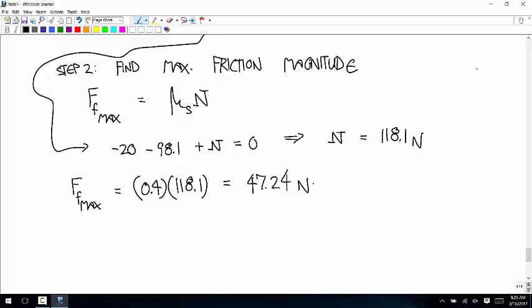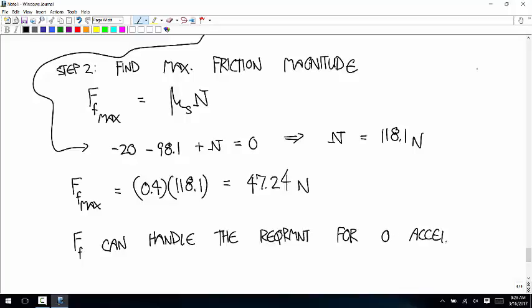Stays at rest, yeah, if you're checking to see whether the friction can handle the requirement to stay at rest. So the force of friction can handle the requirement for zero acceleration. So it stays at rest.